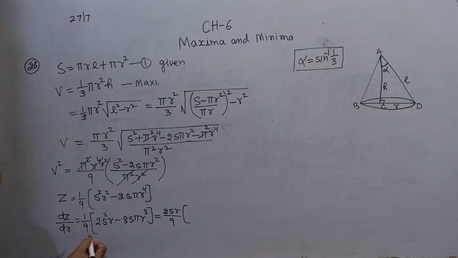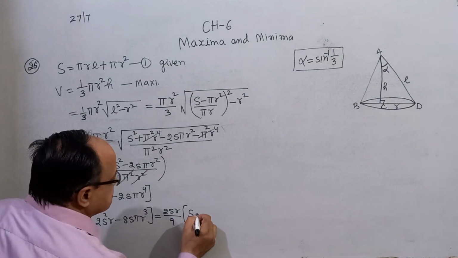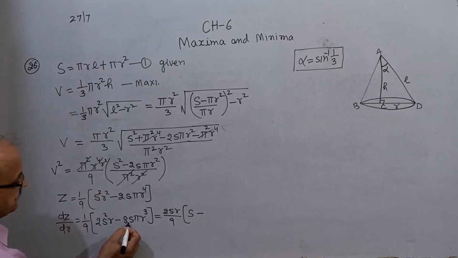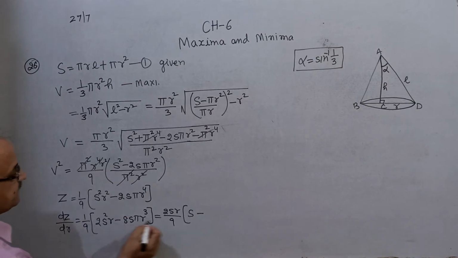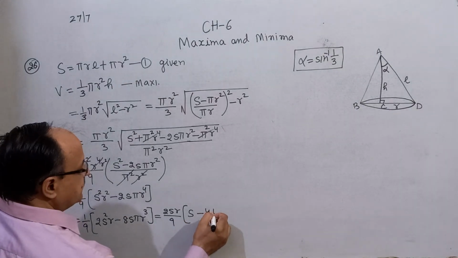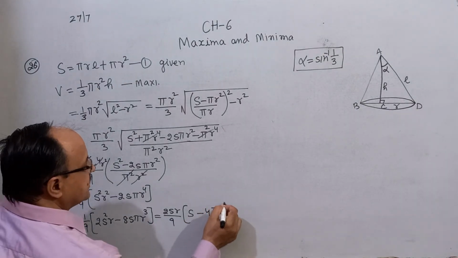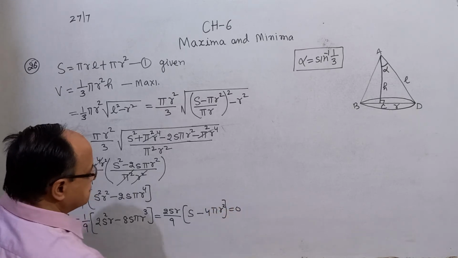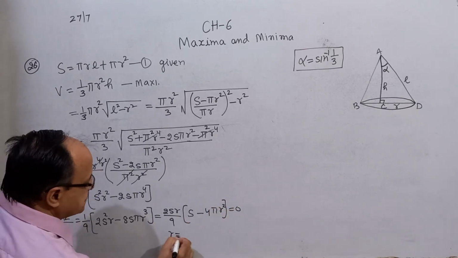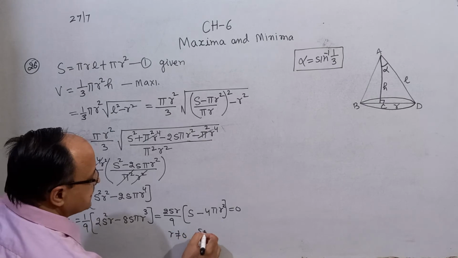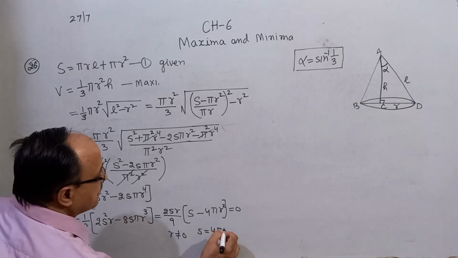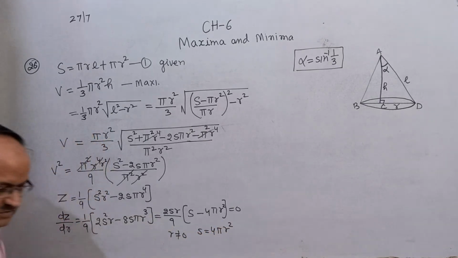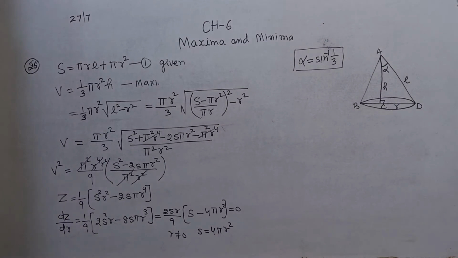When you take 2SR common, the remaining term is S minus 4 pi R square, and put this equal to 0. You know that R is not equal to 0. Therefore, S is equal to 4 pi R square.